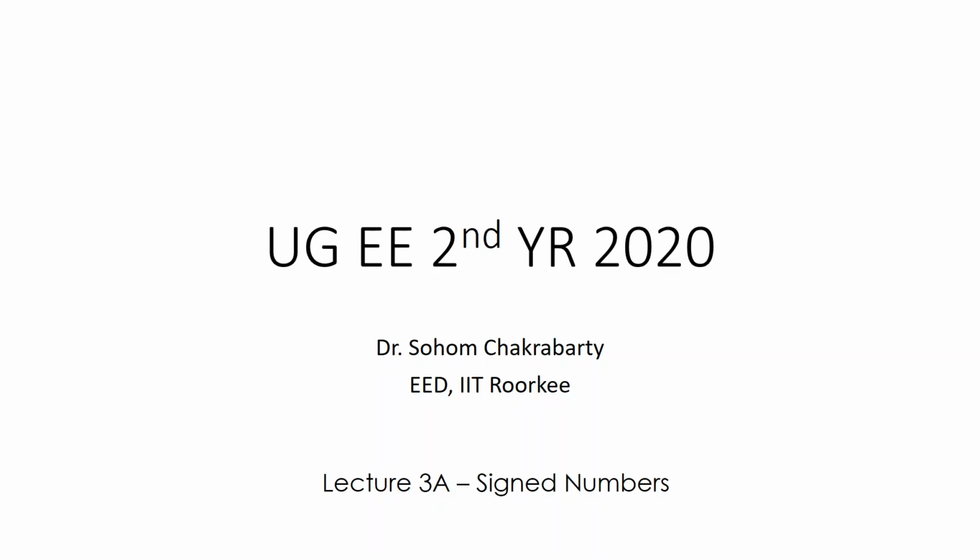So we will look at numbers from that perspective, and hence this module is called signed numbers. We will look at numbers with the mindset of signed numbers now, and not simply numbers which are by default positive.